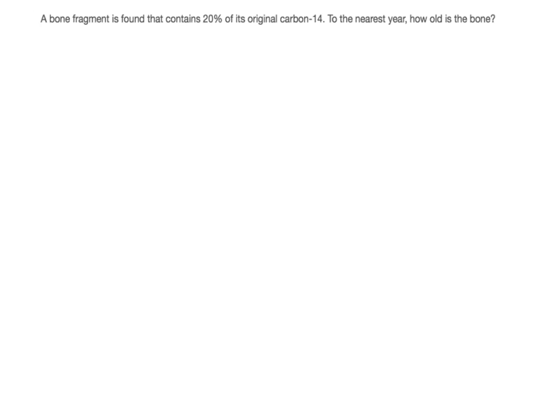Okay, so here we go with carbon dating. A bone fragment is found that contains 20% of its original carbon-14. To the nearest year, how old is this bone?